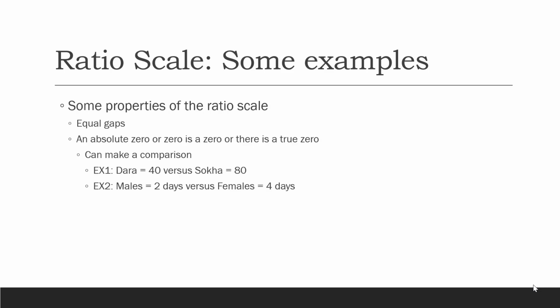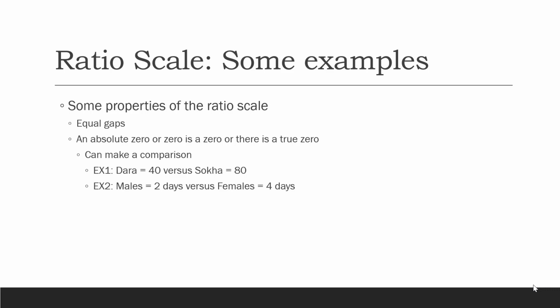So now let us go to some properties of the ratio scale. The first property of ratio scale is the concept of equal gaps, right? The gap between 1 day to 2 days is equal to the gap between 2 days to 3 days. And the gap between 2 to 3 days exactly equals the gap between 3 days to 4 days.